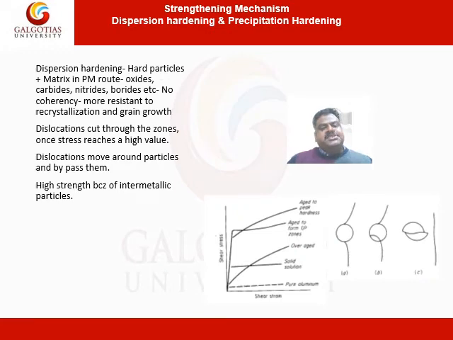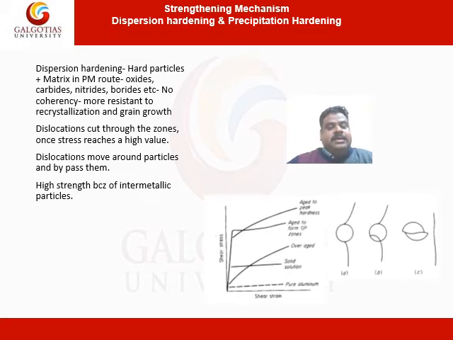Coming to the dispersion hardening mechanism, the oxides, carbides, nitrides and borides, which are small in size, are added to the matrix and mixed thoroughly. Then this alloy is produced through powder metallurgy techniques, in which we find these oxide, carbide, nitride and boride particles dispersed throughout the ductile matrix.